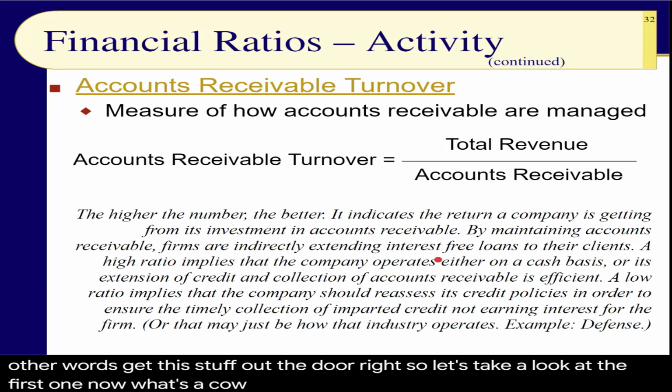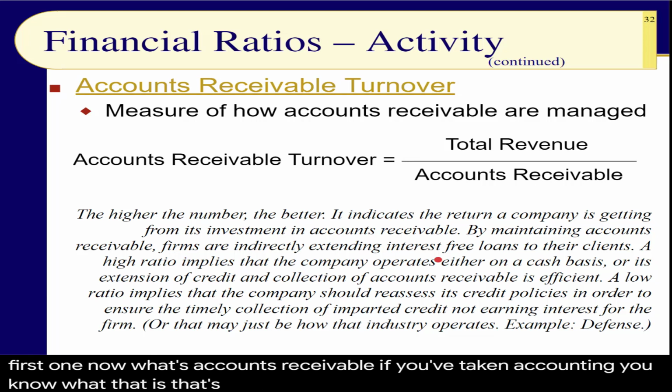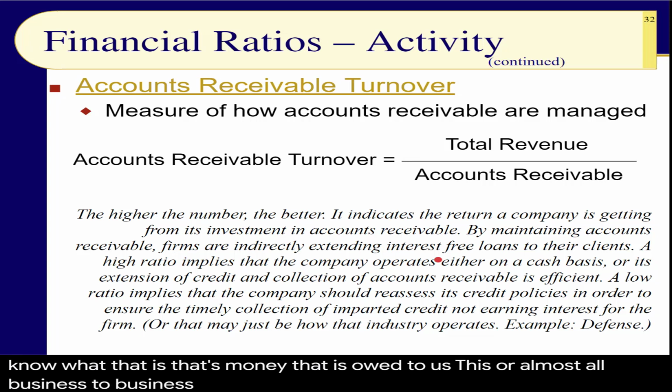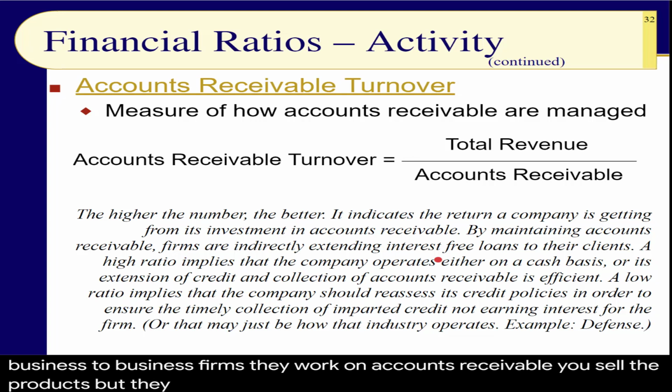Now, what's accounts receivable? If you've taken accounting, you know what that is. That's money that is owed to us. And some business to business, or almost all business to business firms, they work on accounts receivable. You sell the products, but they don't get paid.